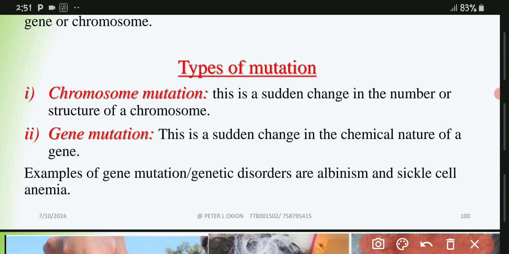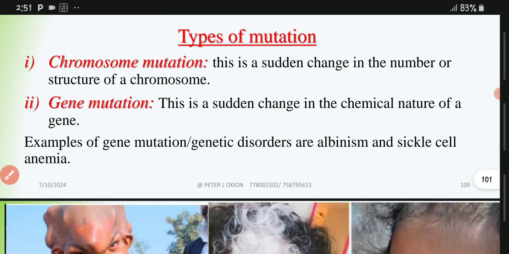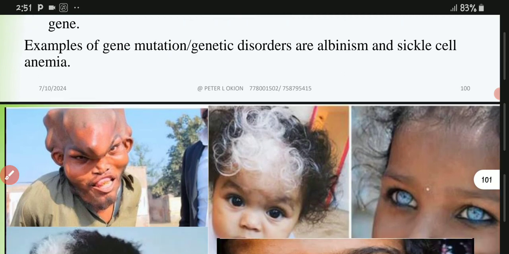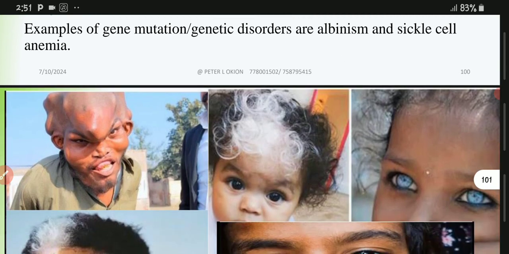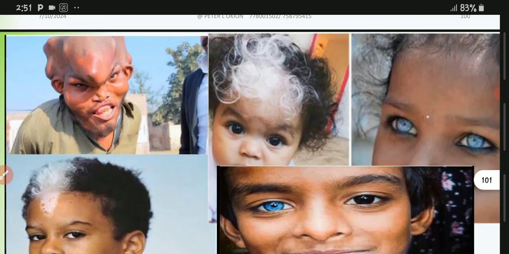If you want to know more about albinism and sickle cell anemia, I kindly request you to go and look at those videos up there. Then I want you to look at these pictures below, some of the examples of mutation.